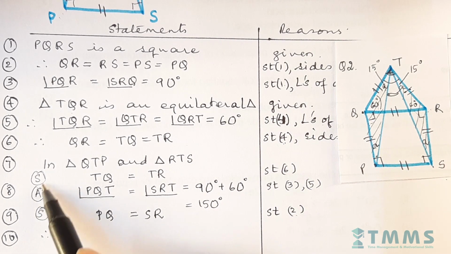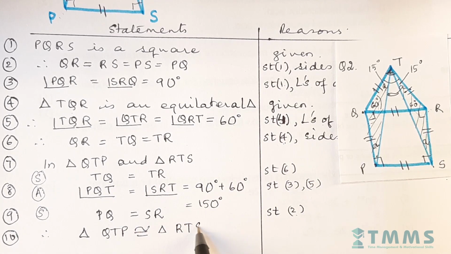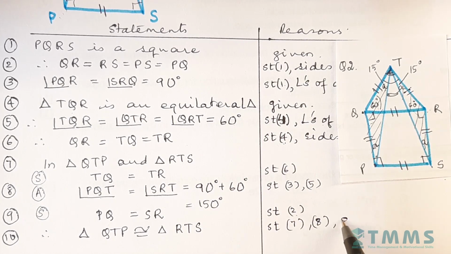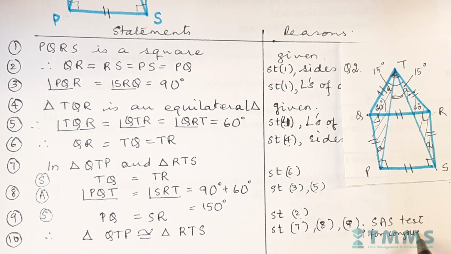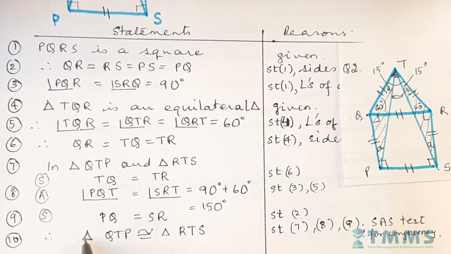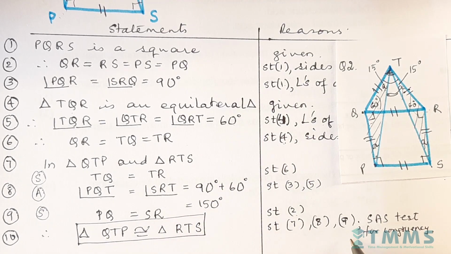So we have used SAS test for congruency, or SAS axiom for congruency, and we will write it as, therefore triangle QTP is congruent to triangle RTS, and that will be from statements 7, 8 and 9, and SAS test for congruency. And because they had asked us as the first question to prove, we will also write over there proved 1.